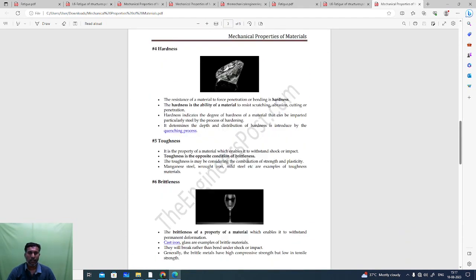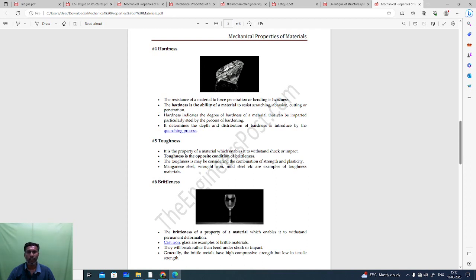Hardness is the ability of a material to withstand load for any cutting, penetration, or scratching. The definition is the resistance of a material to forced penetration and bending. In other words, hardness is the ability of a material to resist scratching, abrasion, cutting, or penetration.